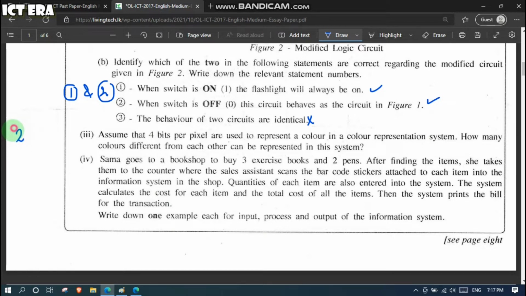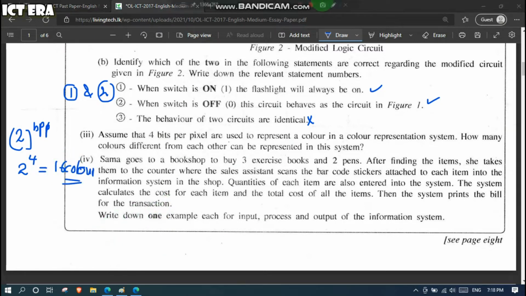It is 2 to the power bits per pixel. So in here, the bits per pixel is 4. Then how many colors can we represent? We can represent 16 colors.